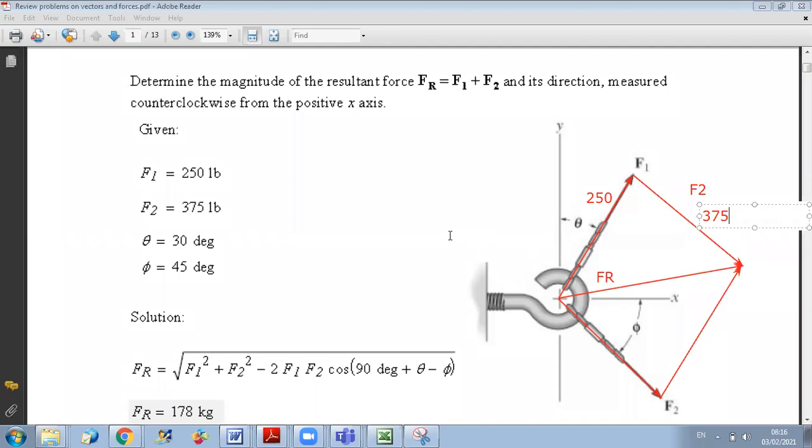So I will try to find additional information to be able to calculate FR. Since you have two lengths, try to find the angle in between. It will be interesting if I can calculate this angle. I should look at my figure to see how I can determine it.